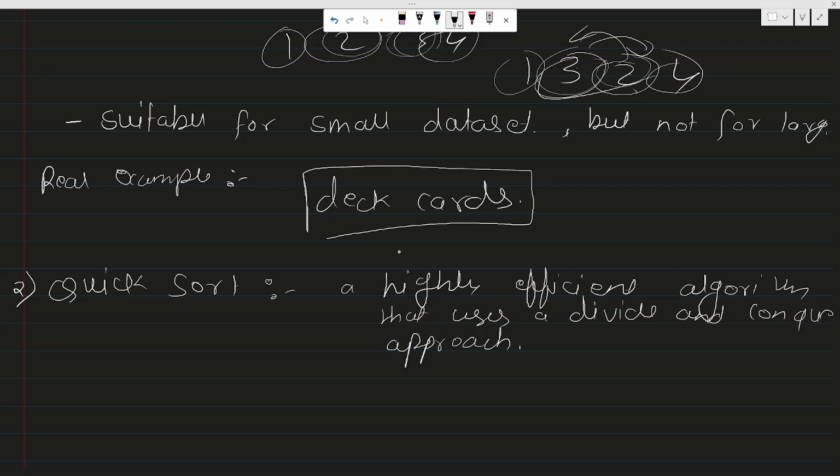The concept is: pick a pivot element, partition the array into two sub-arrays based on the pivot, and recursively sort them.